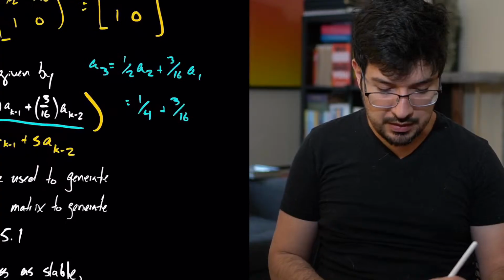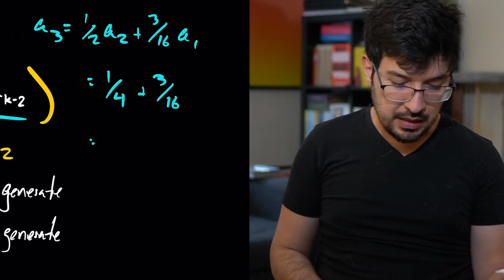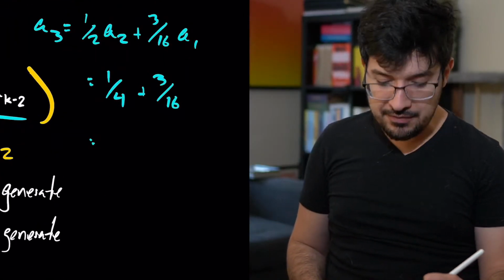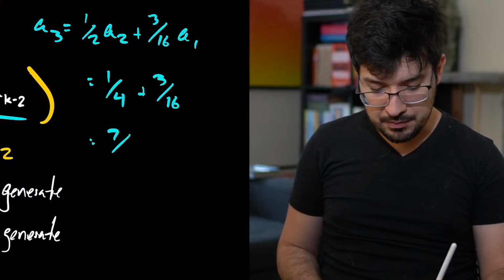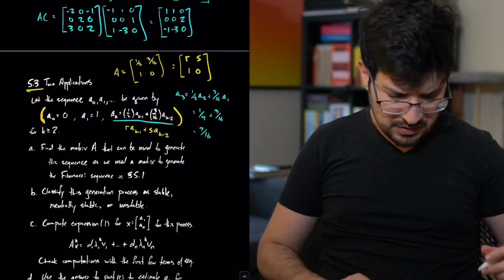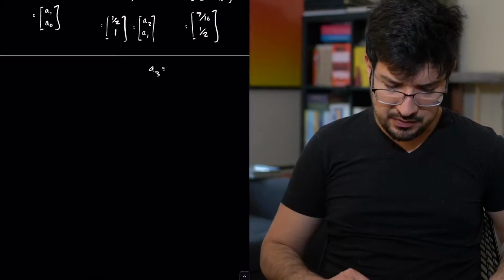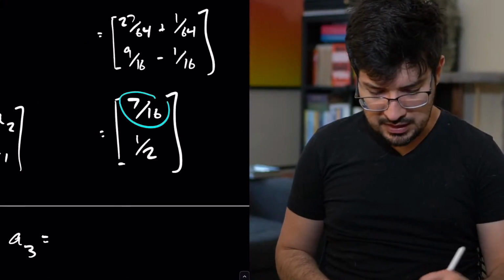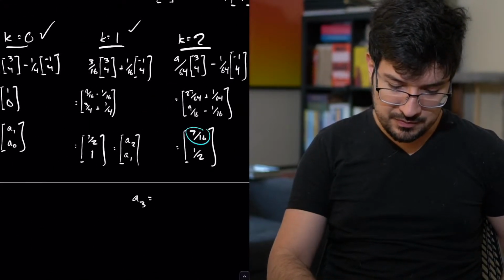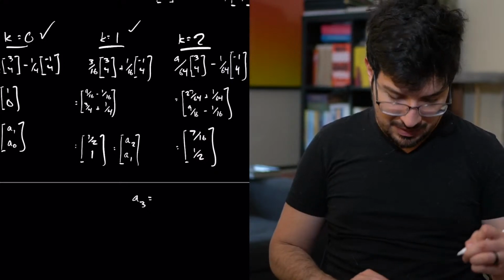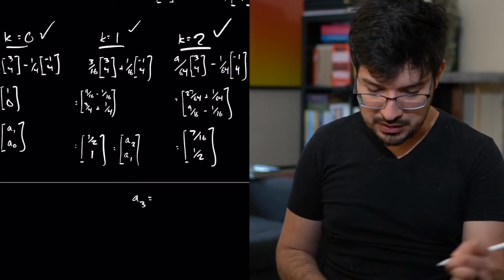A1 is 1. So this is 7/16. Yep, we got it. I think I wrote that somewhere. 7/16. Voila, that eigenvector decomposition worked out.